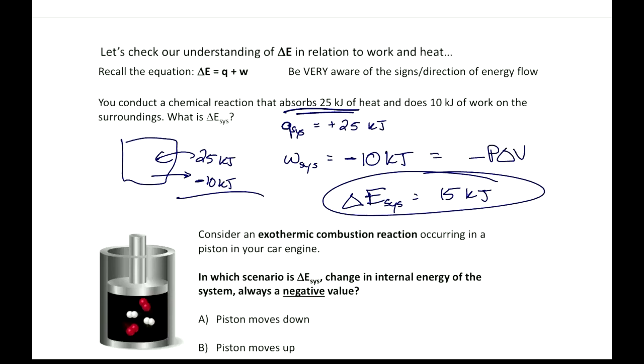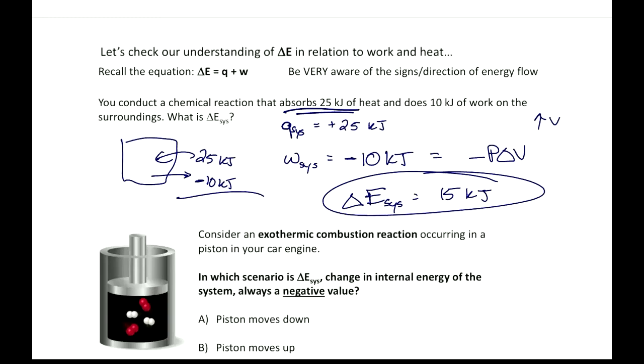And so you think, okay, what sign does delta V have to be to give me the correct sign? Delta V has to be a positive number, right? And if we think about it, work done on the surroundings will happen when the system increases volume. So we should observe an increase in volume of this container. So that's navigating that equation.